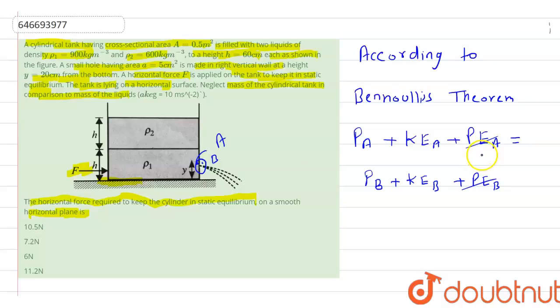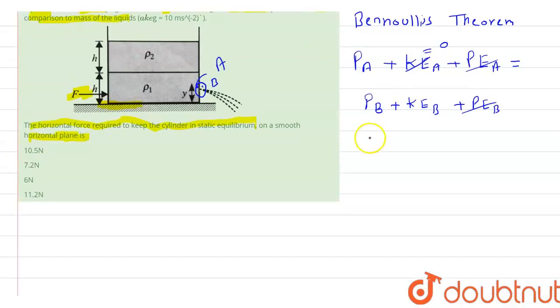One more thing, the velocity is at the outer point of the cylinder, not inside. Inside the water is still in the static state. So we can say the kinetic energy at point A is 0. So the rest is: pressure energy of A is equal to pressure energy of B plus kinetic energy of B.